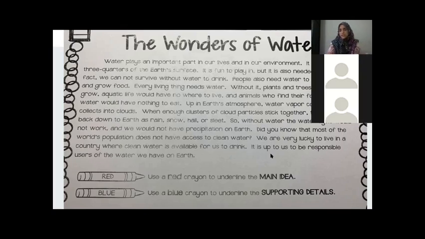What was our task today? Why were we reading the passage? What was our activity? To figure out the main idea. Good. And to figure out the main idea, what did we do afterwards? What does the main idea need? Supporting details. Very nice.